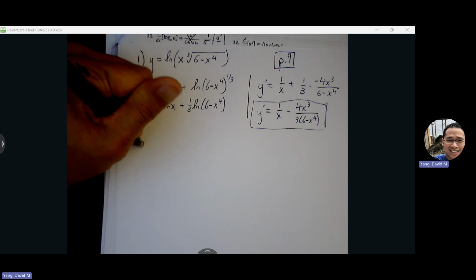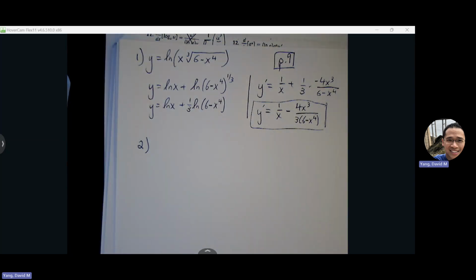So for all these, we're going to also find the derivative after expanding, even though the instructions don't say to find the derivative.